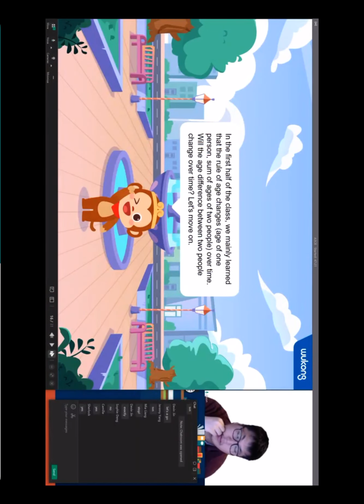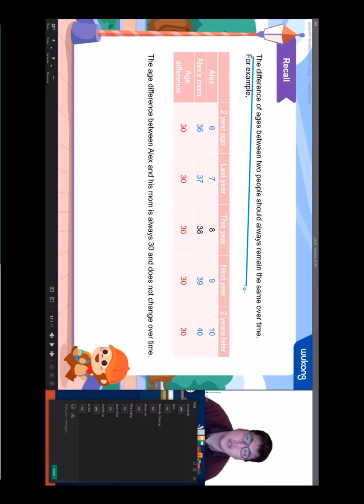No. Now, let me show you with this one. The difference of ages between two people always remains the same over time. Why? Let's have a look. We have right now, this year, so this is now, everybody. Alex is 8 years old, and Alex's mom is 38 years old, so the age difference is 30. That's right, Sophie.